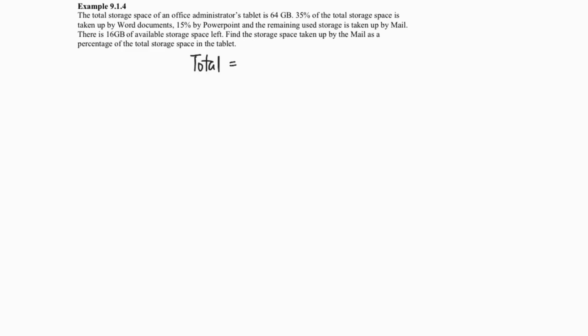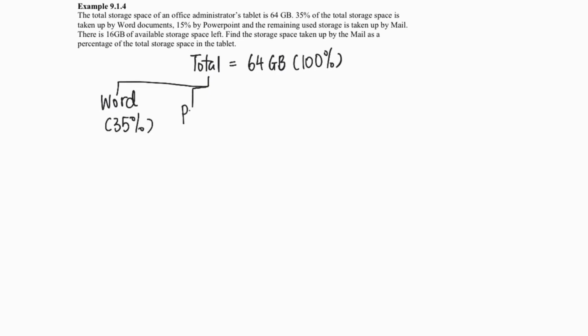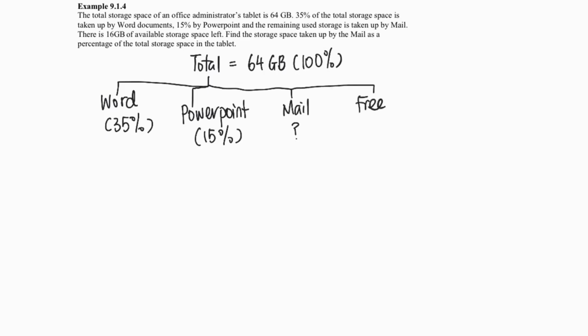The total, which is 64 GB, represents 100%, and is going to be used by Word documents, 35%, by PowerPoint, 15%, by mail, which they don't give in percentage, and the rest is free, 16 GB, which of course we will need to find the percentage of.